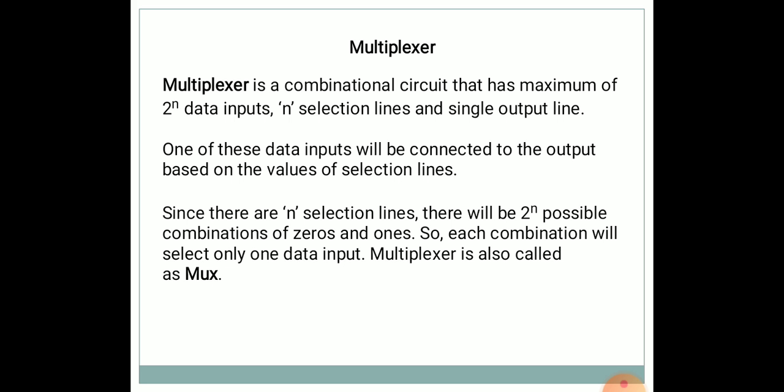Compound logic gates, that is AND-OR-invert or AND-invert, are more often employed in circuit design because their construction using metal oxide semiconductor field effect transistors is simpler and more efficient than the sum of the individual gates. So in this session we are going to learn about multiplexers.